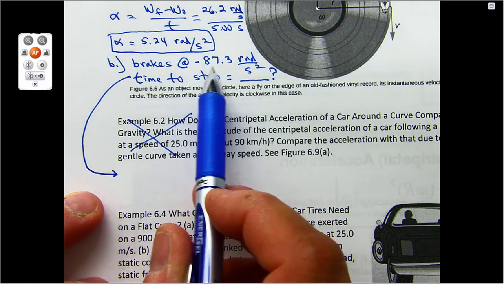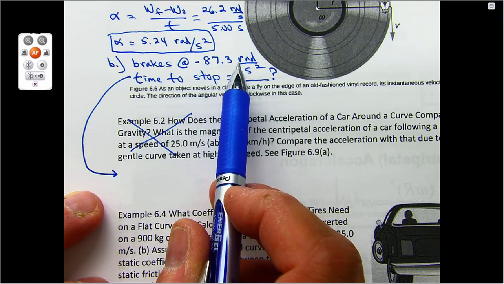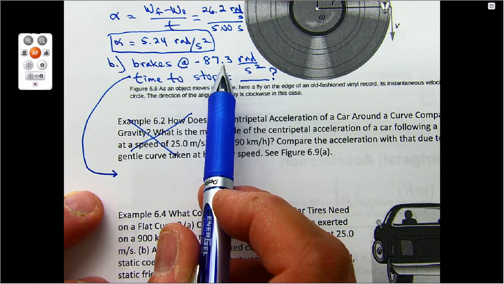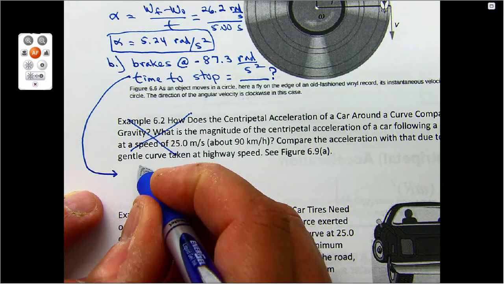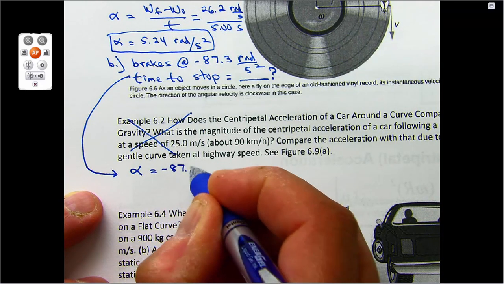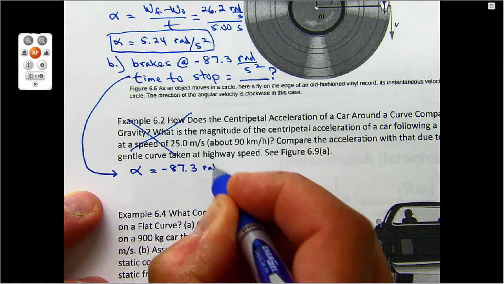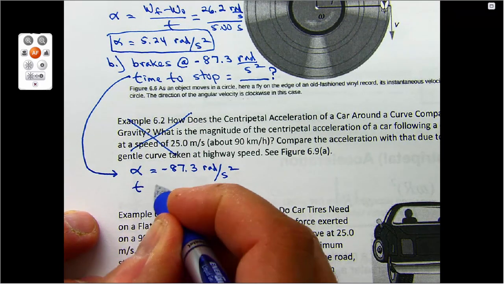So, what is this for a unit? This is alpha, right? This is your acceleration, your deceleration, correct? This is alpha. So we know this is minus 87.3. We're looking for time.